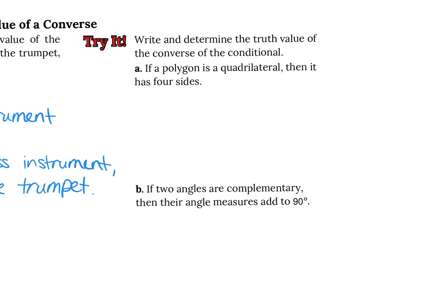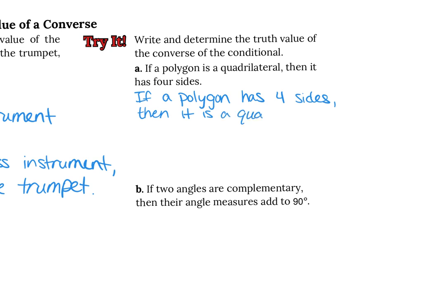If a polygon has 4 sides, then it is a quadrilateral. Which would be true.